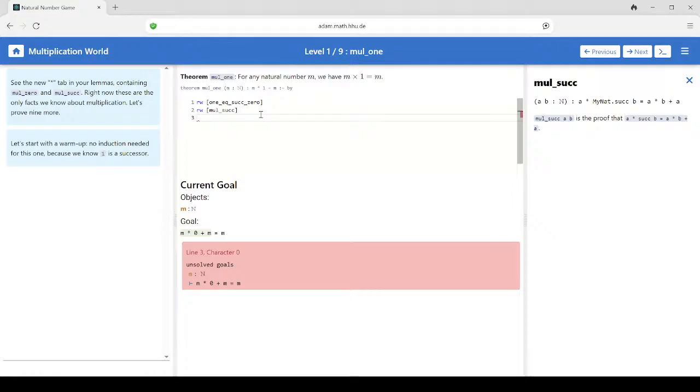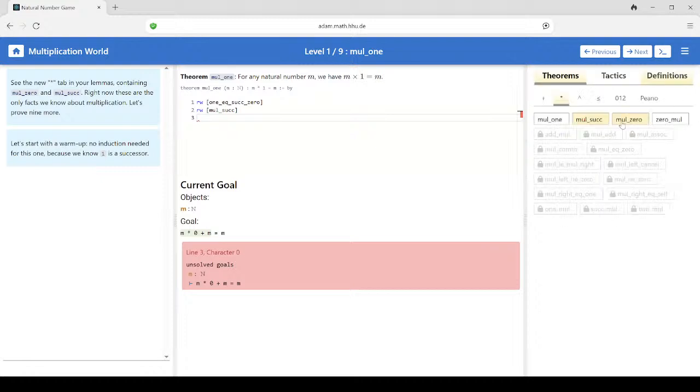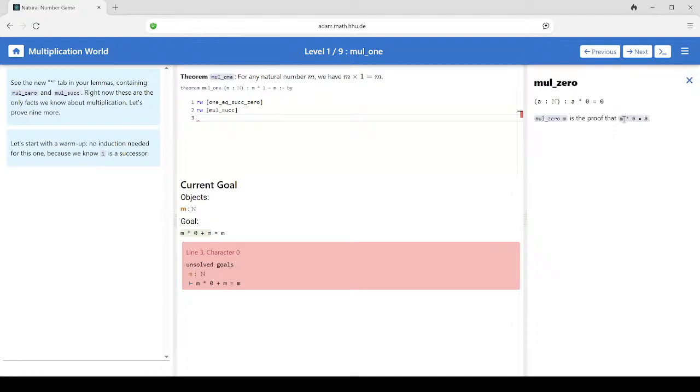And then, oh, then what did I do? Oh, multiplies by 0. So, nope, the other one. Multiply 0. So anything times 0 equals 0.